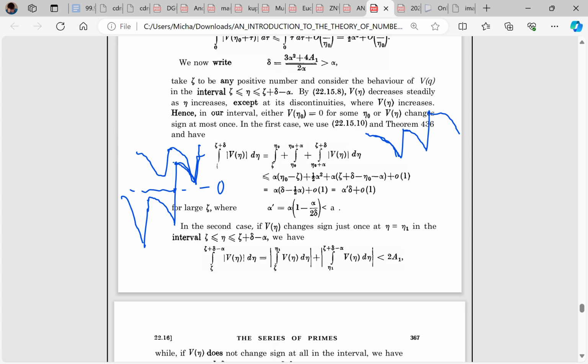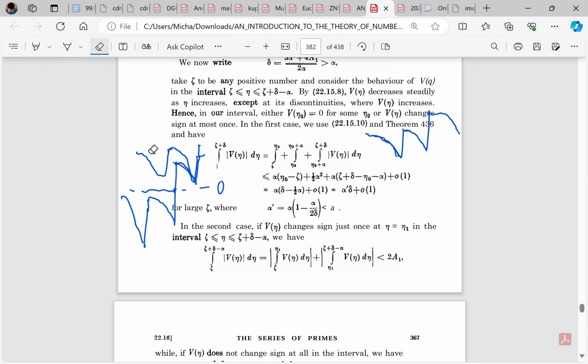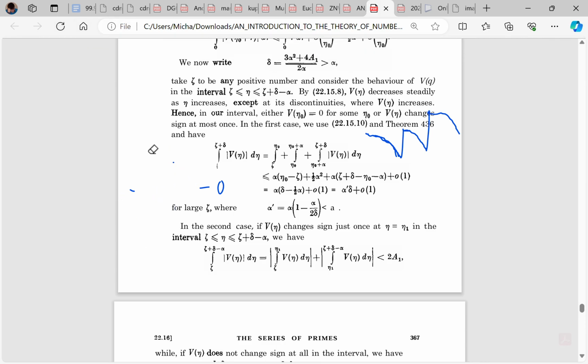That's the one sign change that it's talking about. And if you're above 0, you can only decrease steadily down. You can't jump down, so it has to pass 0 if it changes the sign again. Okay, that's good. And so then I guess the calculation is in these cases.